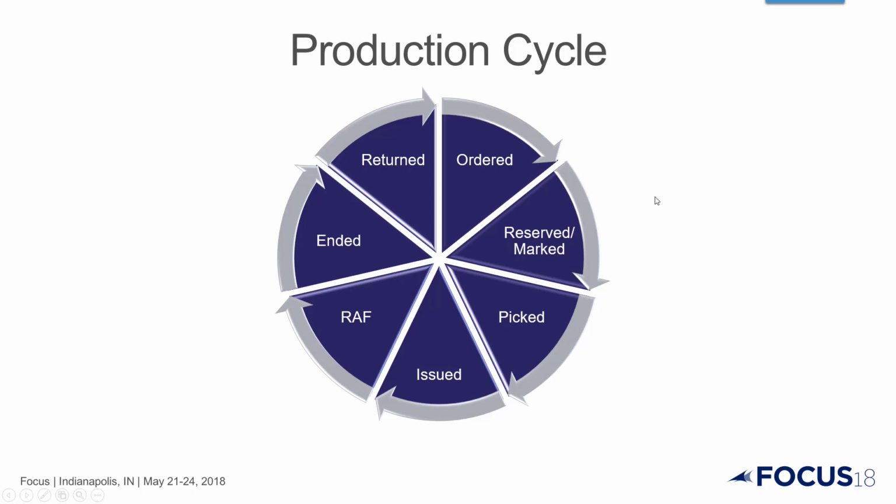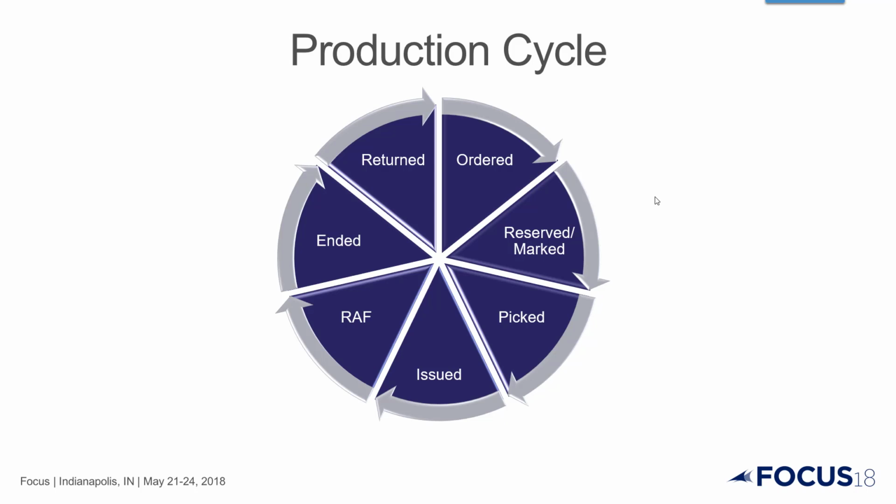Production cycle. What's interesting about the production cycle is that you've got two sides to this. You've got the side that is going to be the materials you're going to use or consume in the process of production. Then there's going to be the material that you're actually building that's coming out of the production cycle. And so you have both of those cycles in here. So we'll start out with ordered.